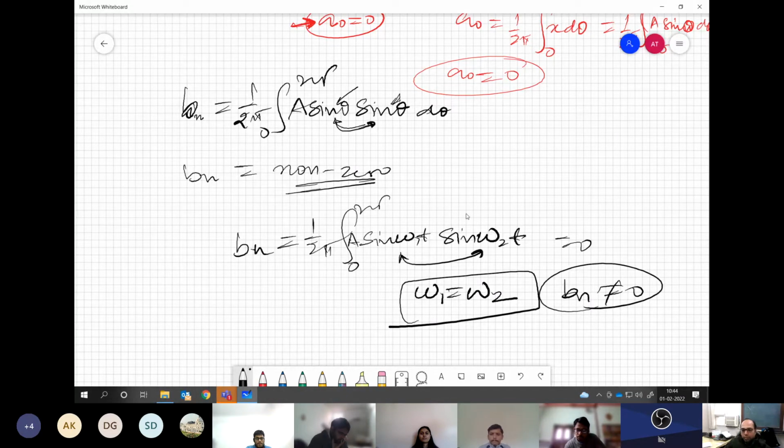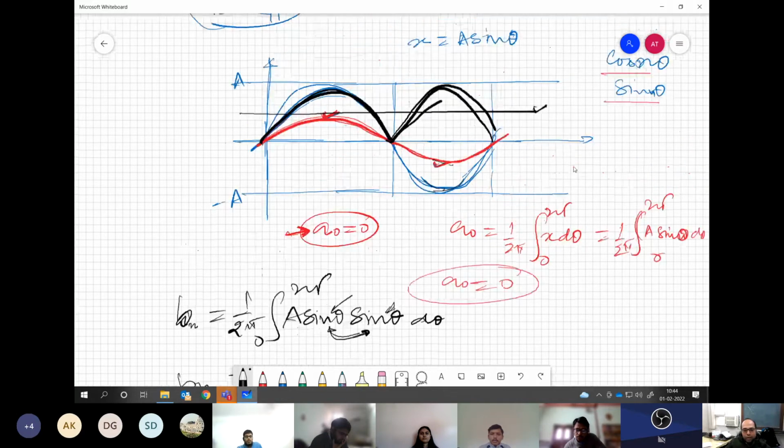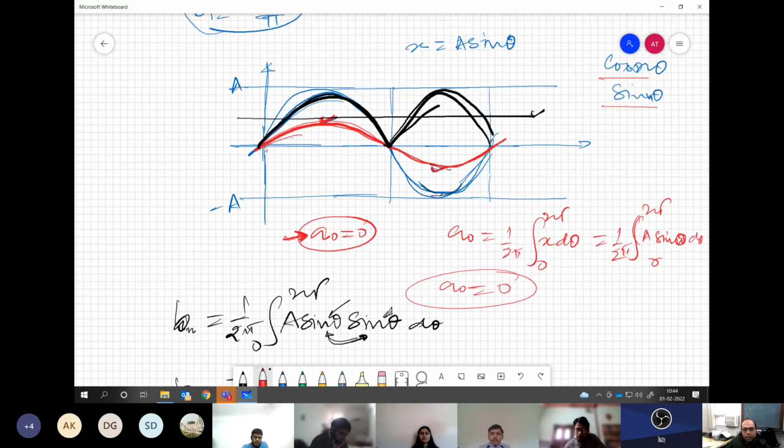The meaning is the same. If you try multiplying, let's say, the third harmonic with this waveform, this is the third harmonic wave. And how will the product come out? Say the blue waveform, if I draw, it will come out positive and then negative and then positive, something like that.